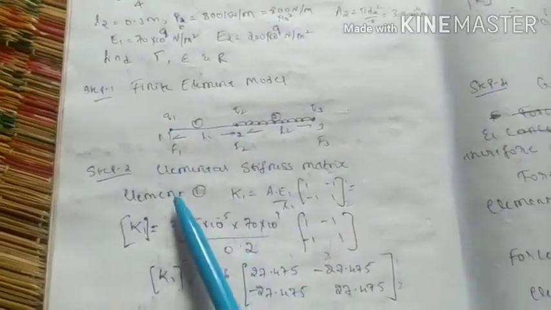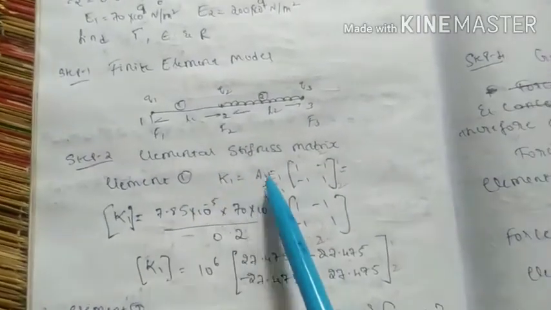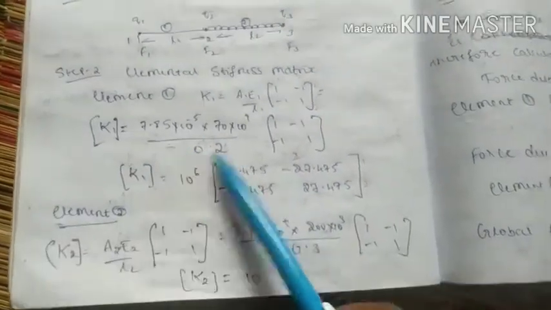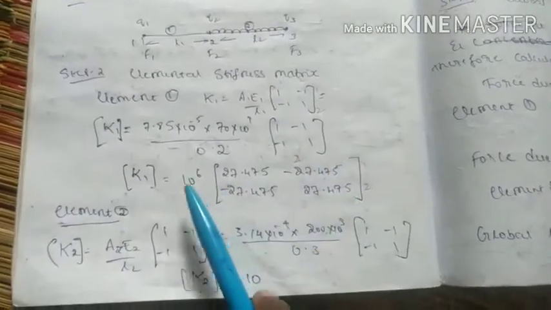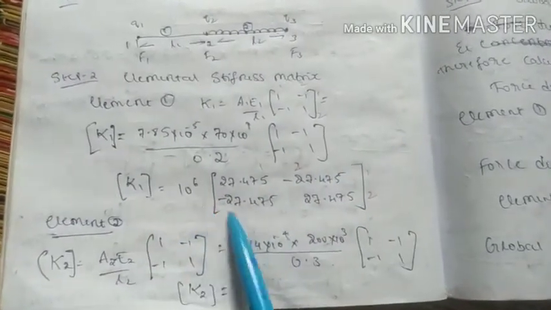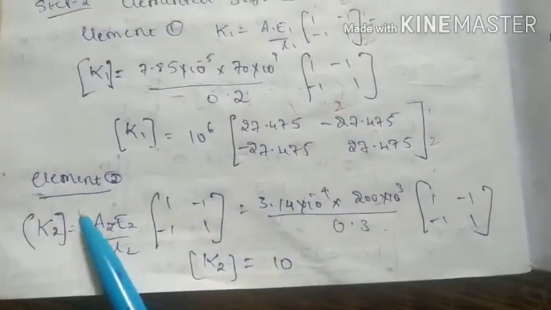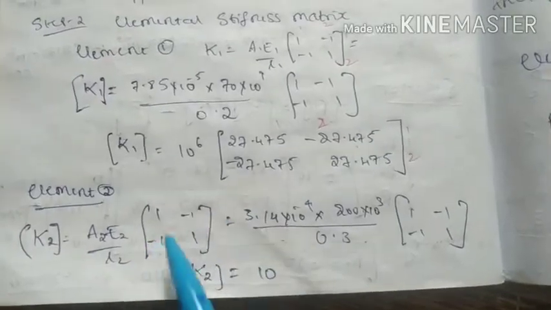Now the next step is we need to find the individual stiffness matrix. For element 1, K1 is equal to A1 E1 by L1 times the matrix [1 -1; -1 1]. Substitute all the values, keep only the 10 power value outside, and the remaining you multiply inside. Therefore we got K1 as this much. Now K2, similarly for element 2, K2 is A2 E2 by L2 times [1 -1; -1 1].